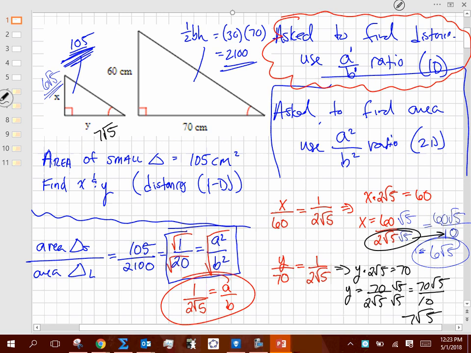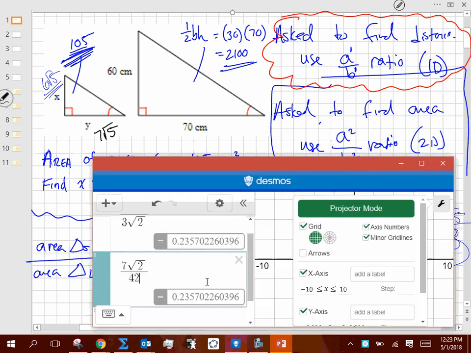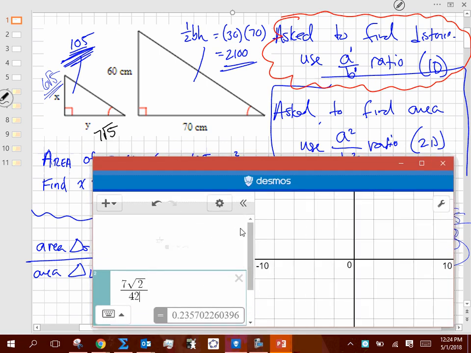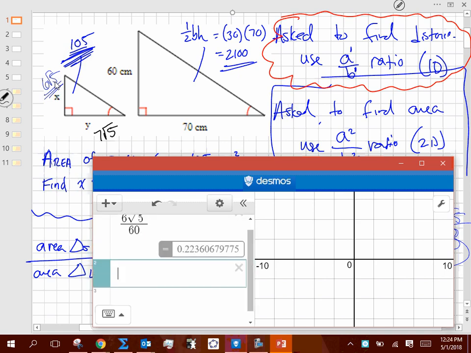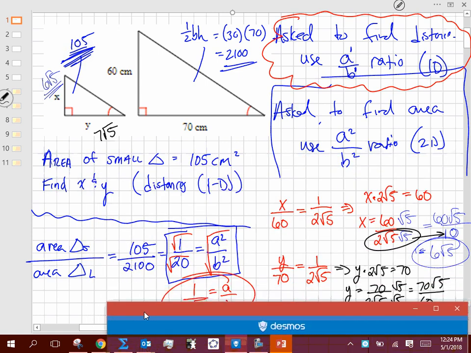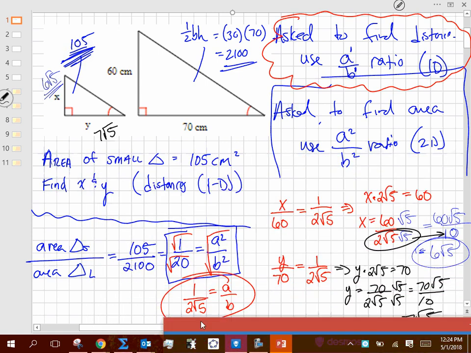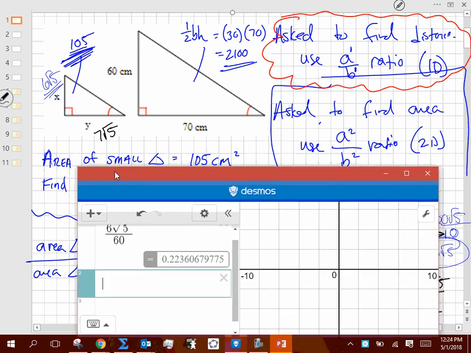Now here's my question. How can I check myself? We should know that the ratio of 6 square root of 5 to 60 should be the same exact ratio as 1 compared to 2 radical 5, right? That makes sense? That's our scale factor.